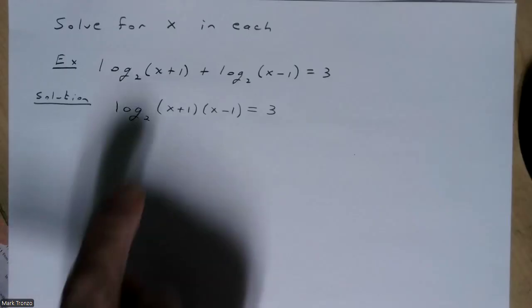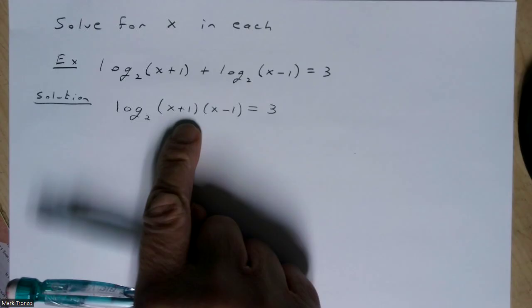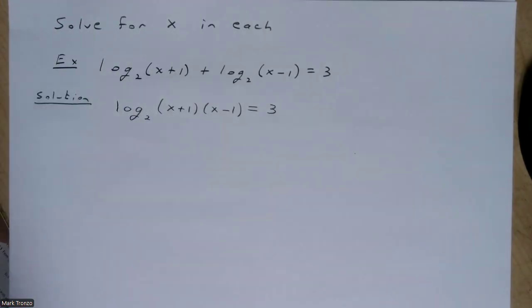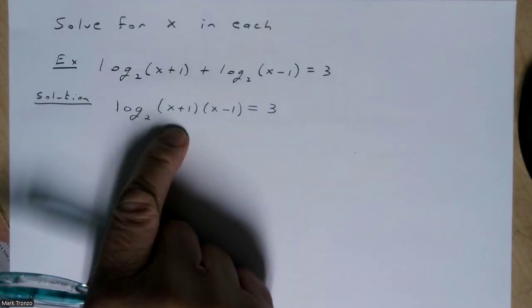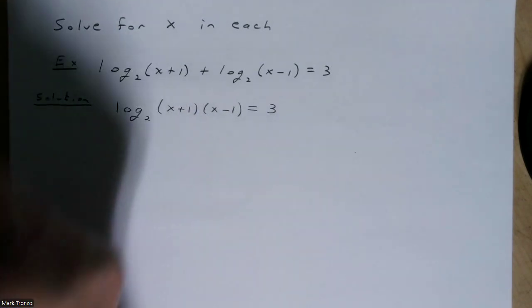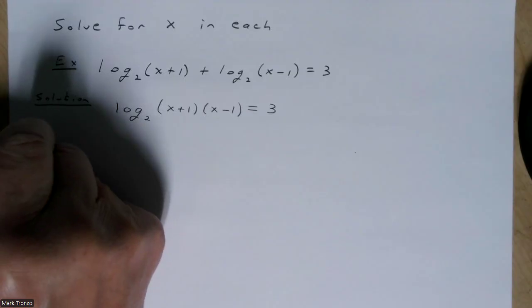Now, in order to get at these x's, we're going to have to do something with this log. You remember before we said that log base 2 of 2 to a power would give you just the exponent. Now, there's another rule that you can use. Let me show it to you here.